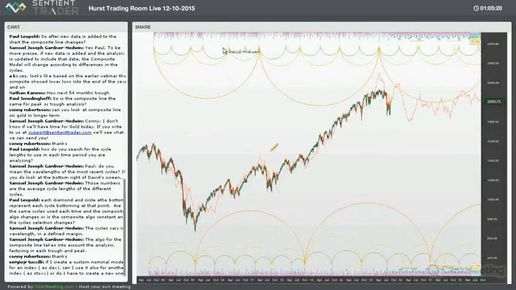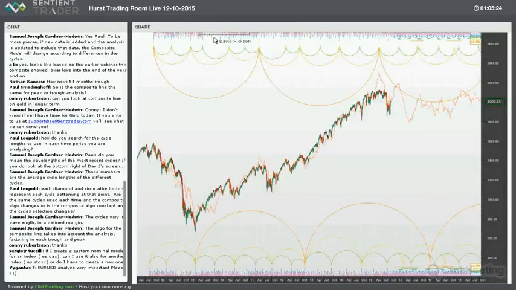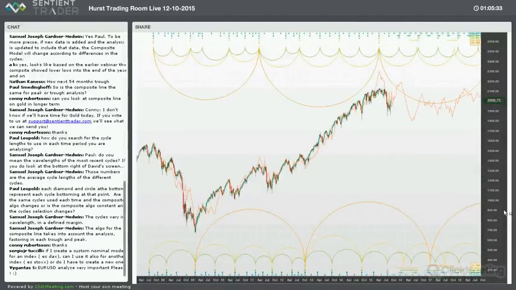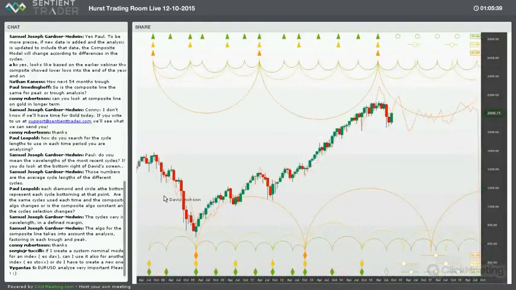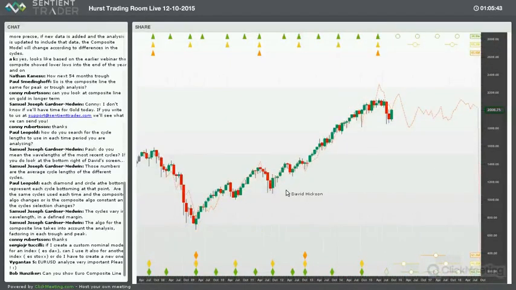If I clear this, you can see that orange dotted line, and perhaps I should change this to a weekly chart because it would be just a little easier to see, or even a monthly chart. Let's see what that looks like. Yeah, there we go. You can see that composite model line, let me turn off the semicircles, just confusing everything.